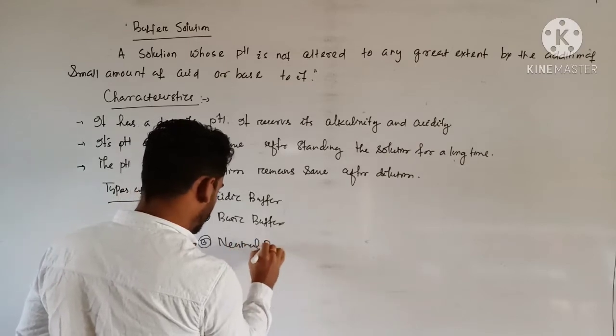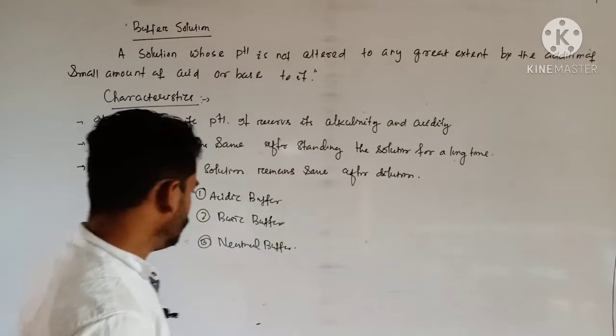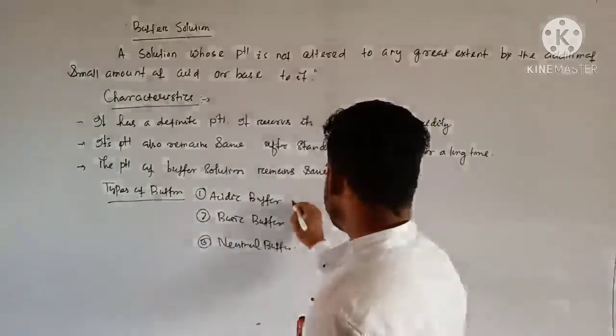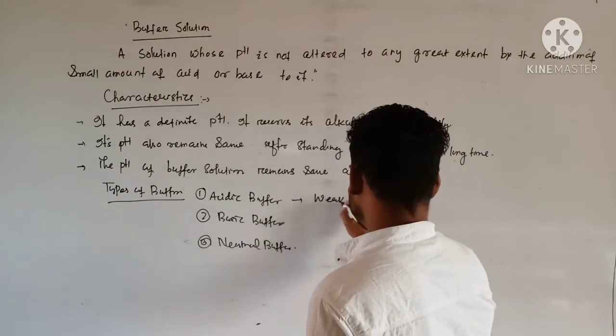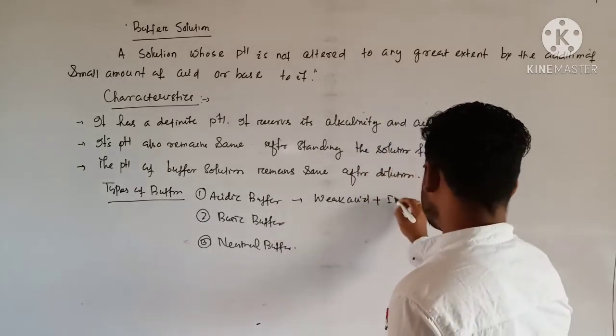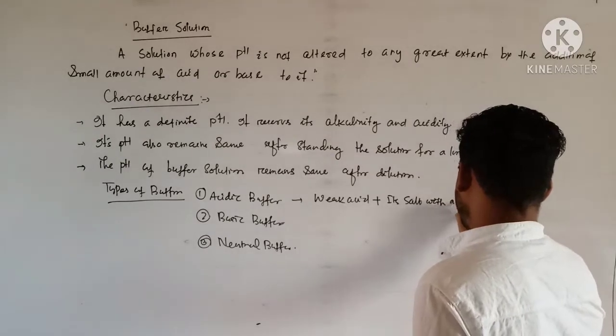Neutral buffer we will consider in the chapter salt hydrolysis, with the weak acid, salt of weak acid and weak base. Here, acidic buffer is a weak acid plus its salt with a strong base.